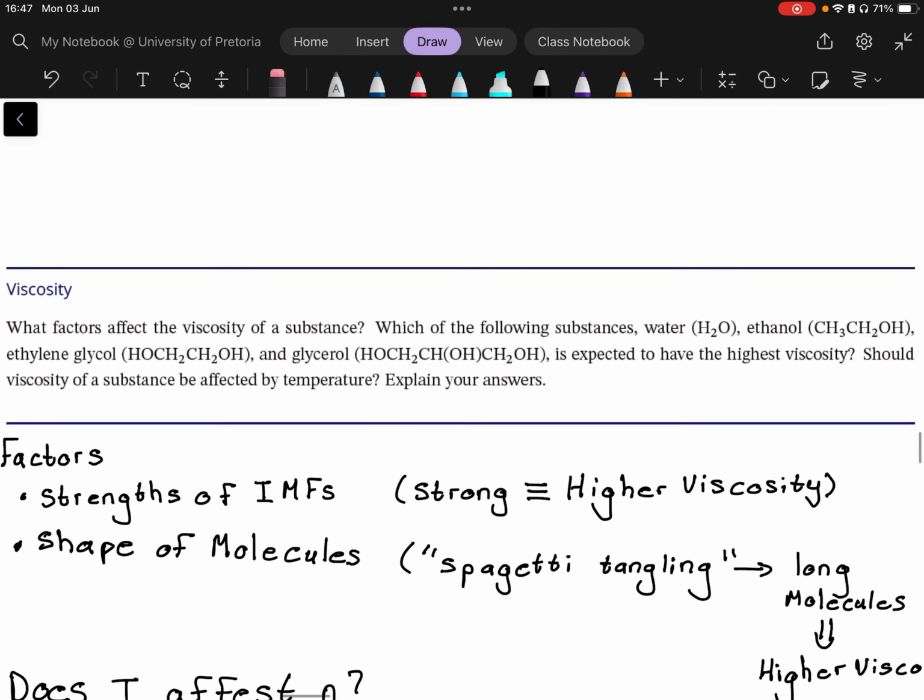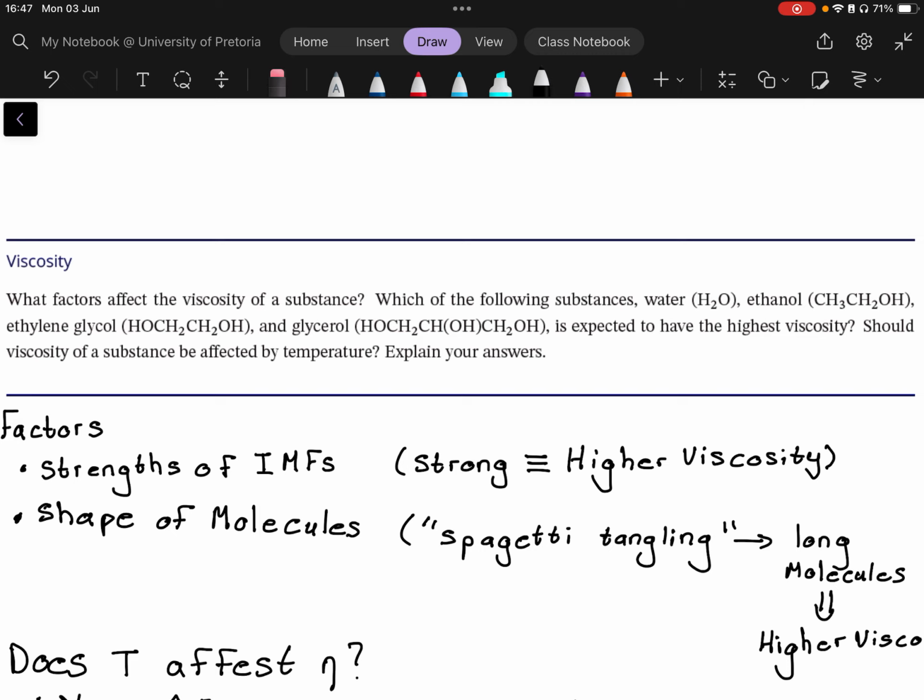Now that we have that, what would be the order of water, ethanol, ethylene glycol, and glycerol? If we look at them in terms of size, water is the smallest, then ethanol, then ethylene glycol, and then glycerol, just looking at the pure size of the structures. They all have hydrogen bonding present, and they have increasing length. Water is H2O. Ethanol has a chain, CH3CH2OH.